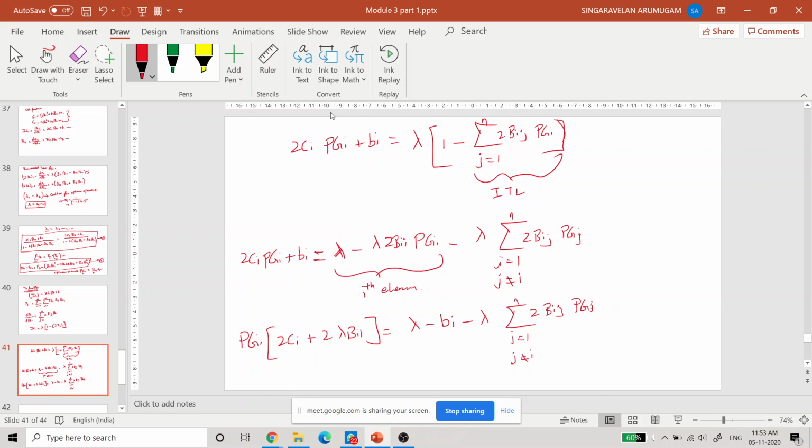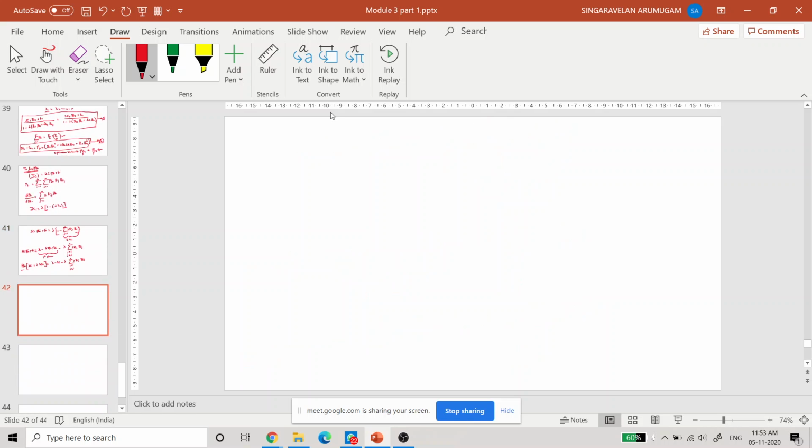And if I take PGi to this side and everything else to the left hand side, then I will get PGi is equal to 1 minus bi by lambda minus summation of j equal to 1 and j not equal to i over n of 2Bij PGj, whole divided by 2Ci by lambda plus 2Bii.